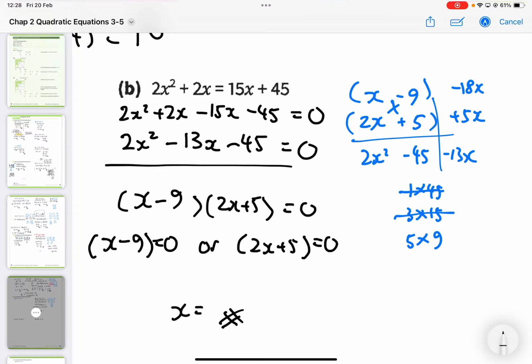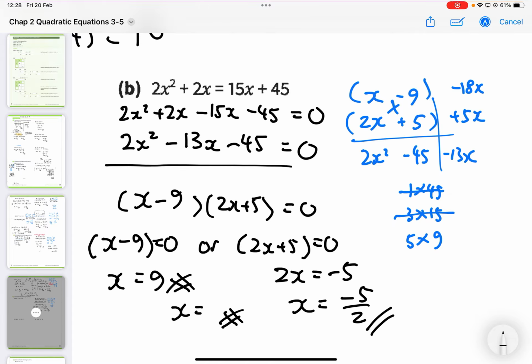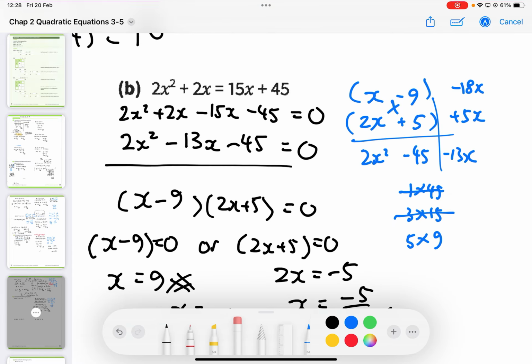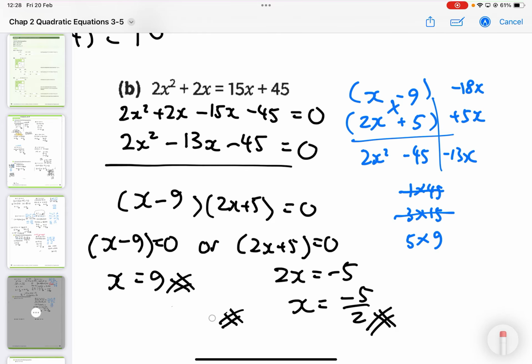Then make x the subject, plus 9 on both sides. X is 9. Then this one, minus 5 on both sides, then divide by 2 on both sides. So I will have my 2 answers. Okay? Tough, huh? Actually, I feel all this is quite difficult. The factorization part sometimes is quite difficult.